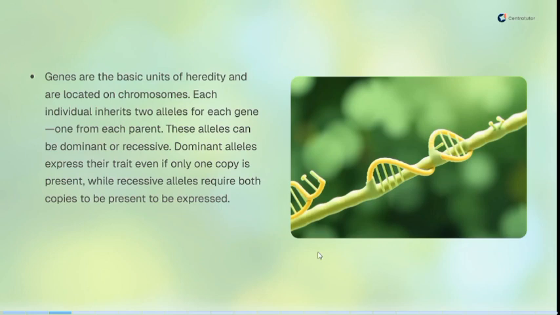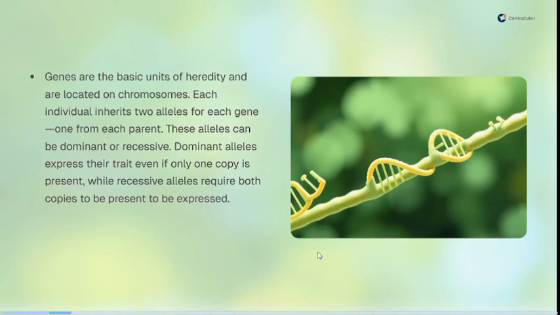It means if a parent, probably the father, has a dominant allele for a particular trait and deposits his dominant allele to the offspring, while the mother does not have a dominant allele for that trait, just that one dominant allele from the father would impose itself on the child.